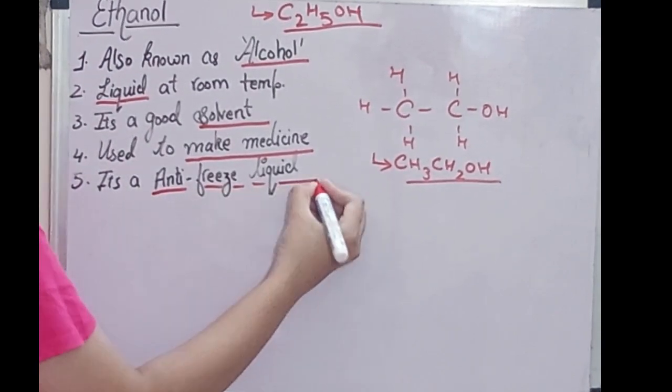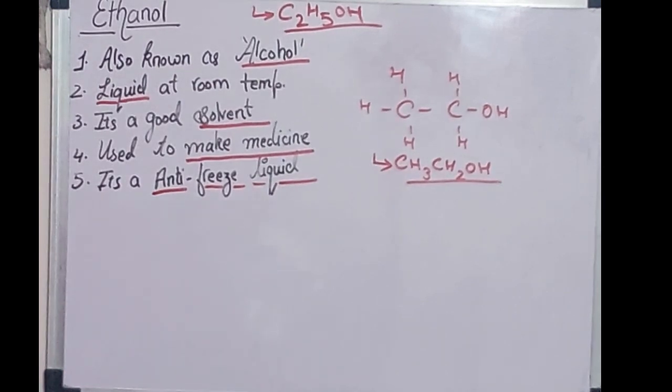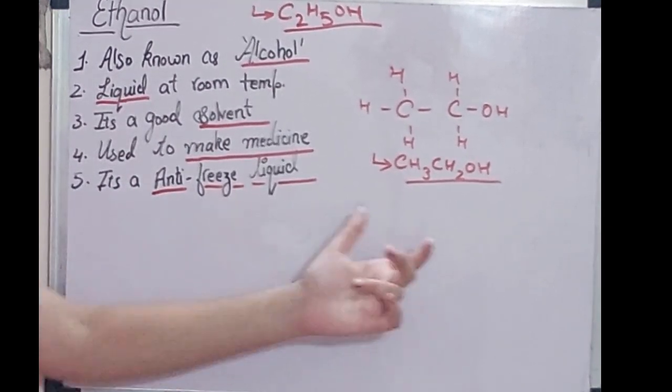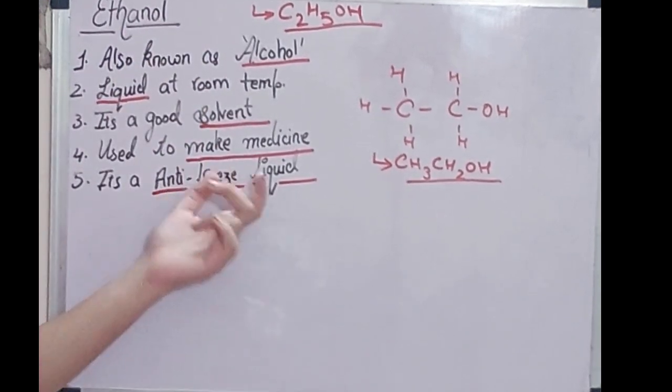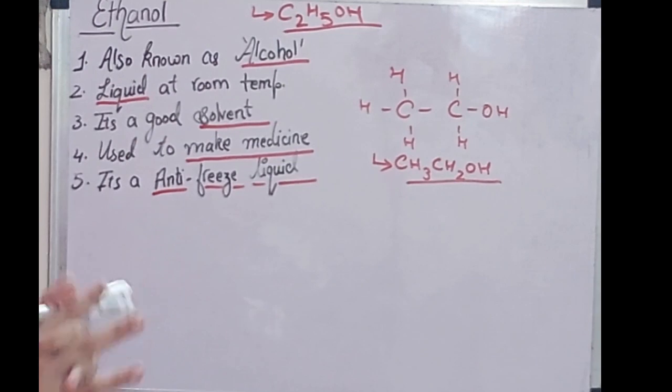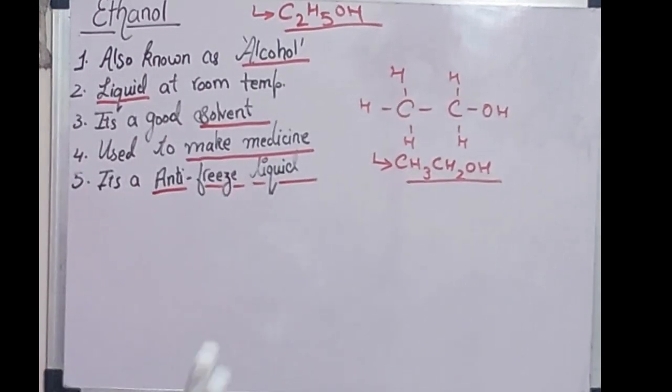And it's an antifreeze liquid. Now you will ask me, what does that mean? So water, when you freeze it or when it's a really low temperature, what will happen? The water gets converted into ice, right? Liquid to solid state. But in the case of ethanol, it is antifreeze. It doesn't freeze. It is an antifreeze liquid.